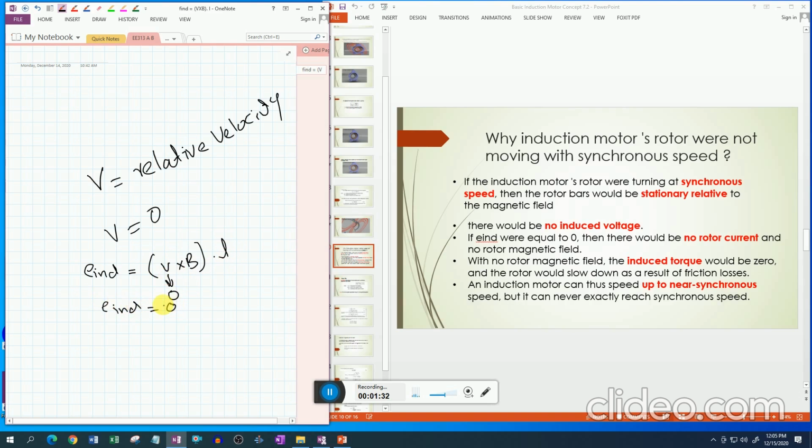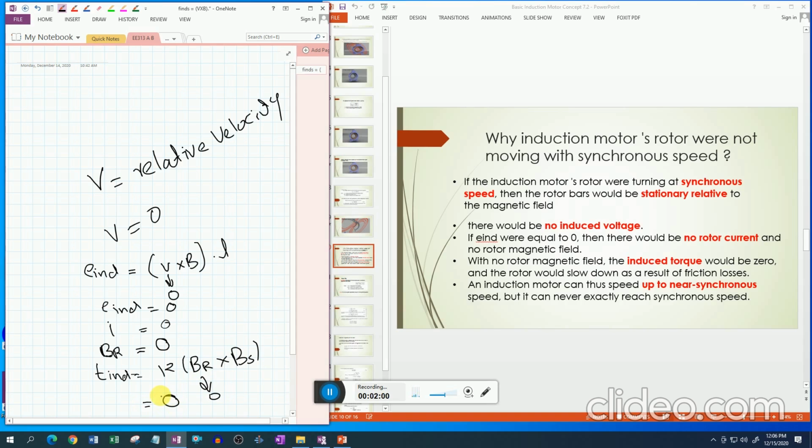There is no induction. When there is no induction, the current of the rotor is 0. When the current of the rotor is 0, there will be no rotor magnetic field. When there is no rotor magnetic field, torque induced, which is equal to K into B_R cross B_S, is 0.